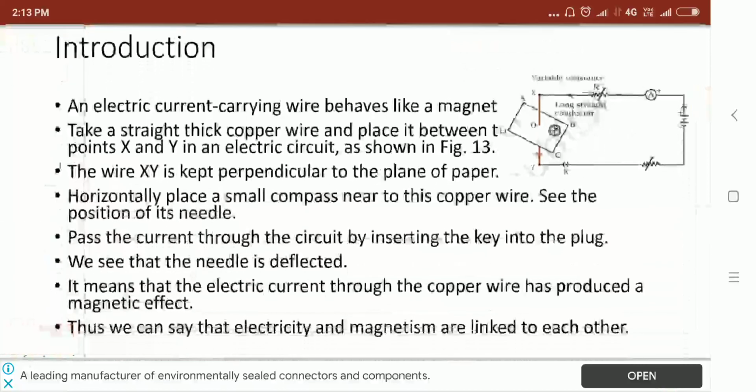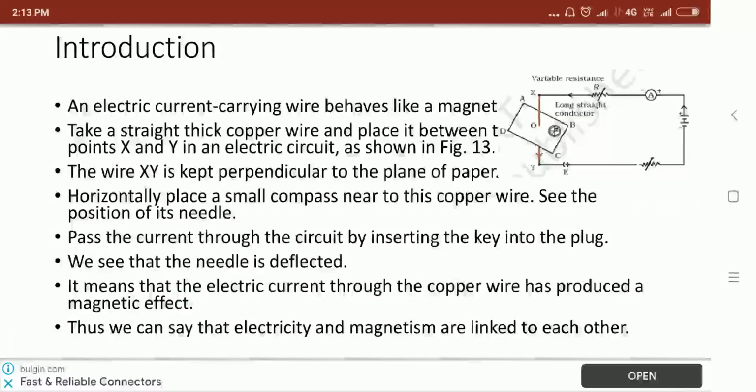Now, we need to understand what a magnetic field is. For that, we need to understand what a magnet is. A magnet is a device which has a north and south pole.